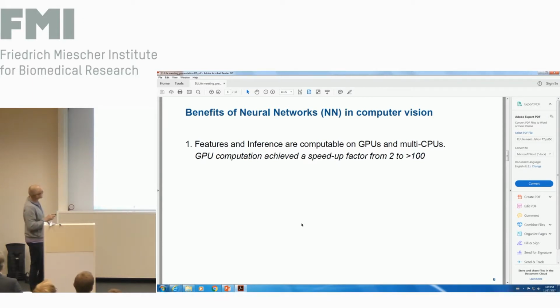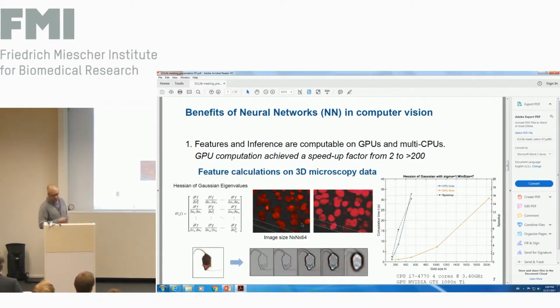So first of all, on neural networks, very often you have features and inference that are computable on GPU and multi-CPU. Just to give you an insight, I calculated a very classical feature called the Hessian of Gaussian eigenvalues. These texture features are very often used, for instance, if you want to extract vessels in an image.